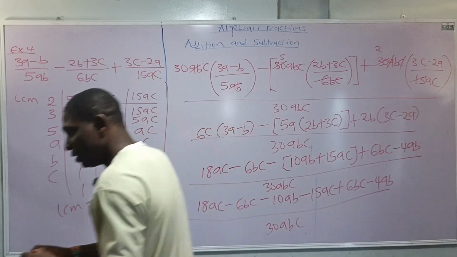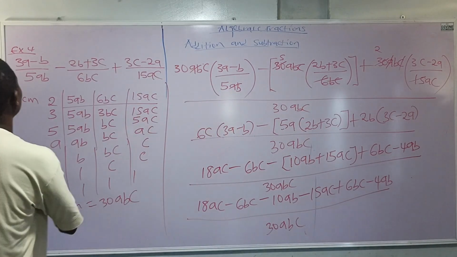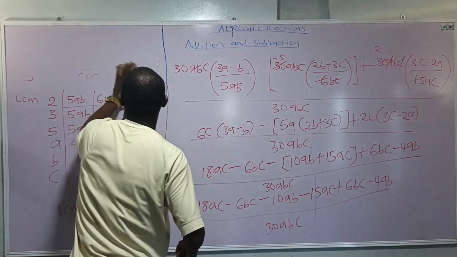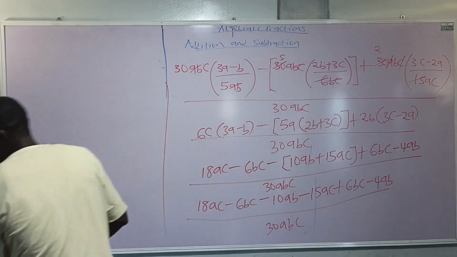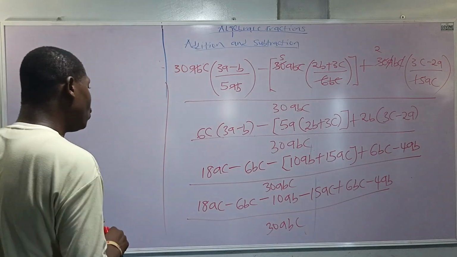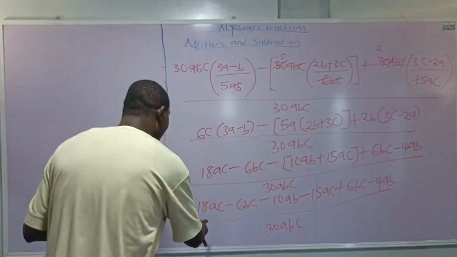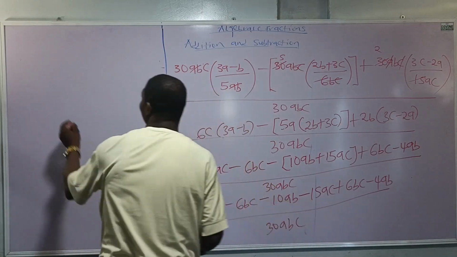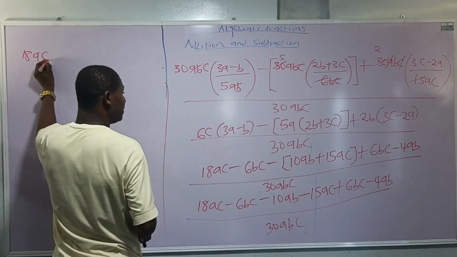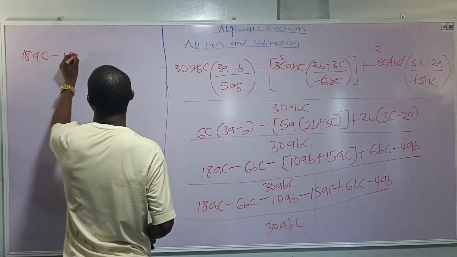I'll have to clean this side. So I'll try to rearrange my terms. I have 18ac. I equally have 15ac. So I have 18ac minus 15ac.